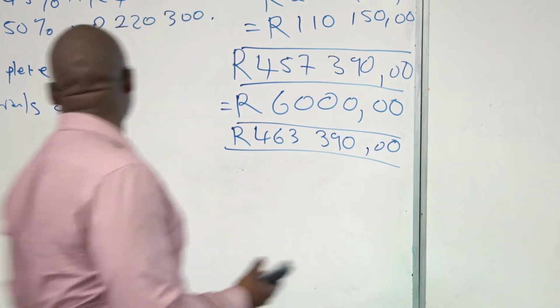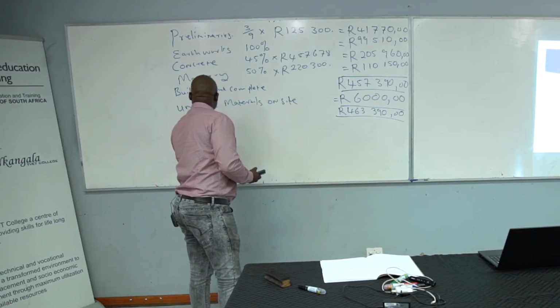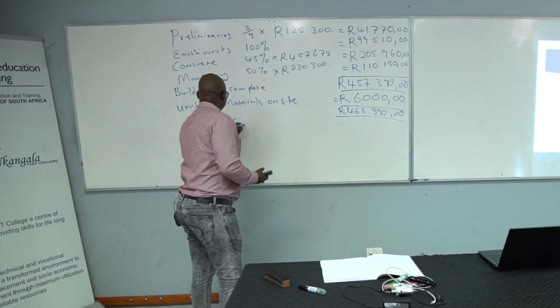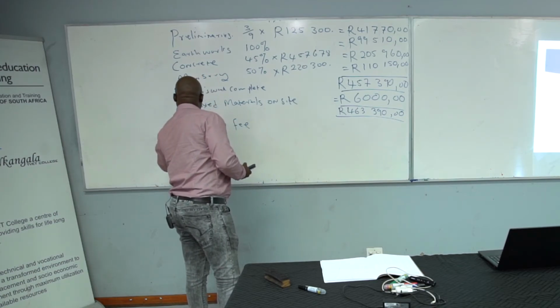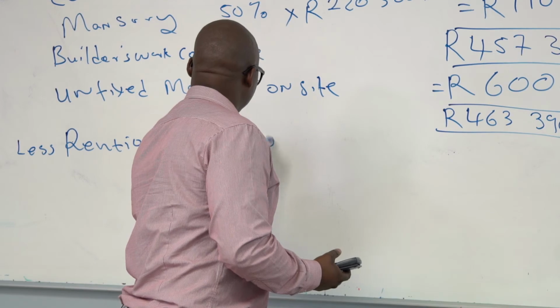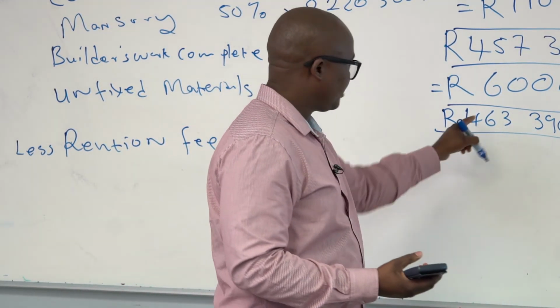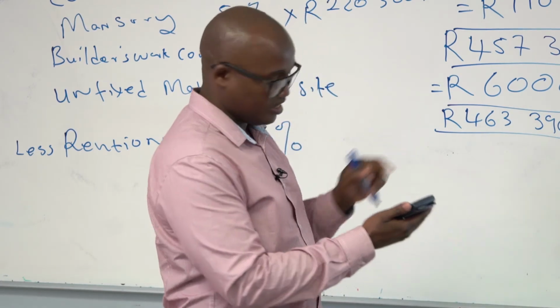So here we have the retention fee. We have to indicate the less retention fee of 10%, then we work out 10% of this money here.